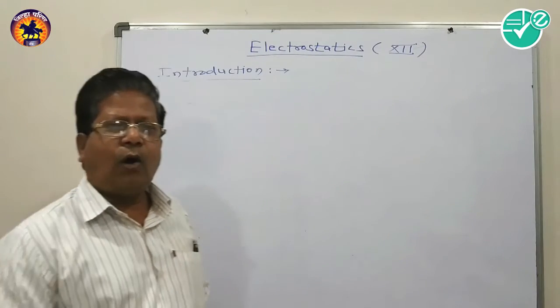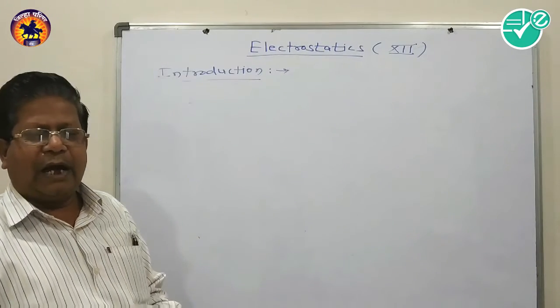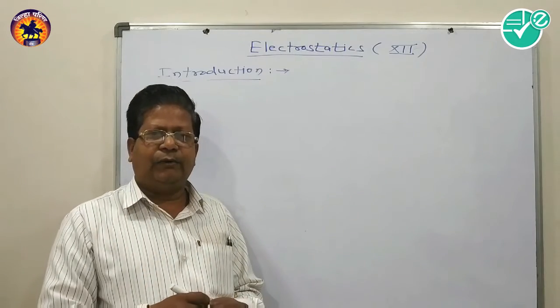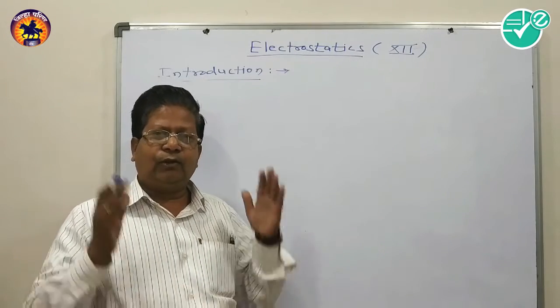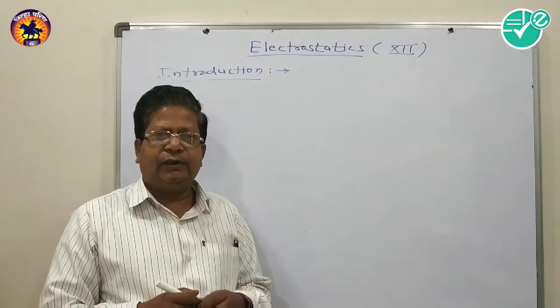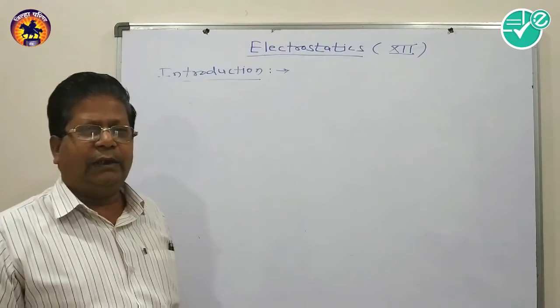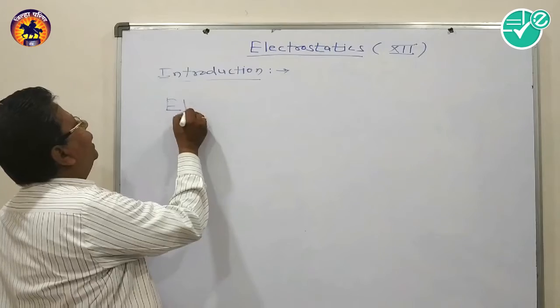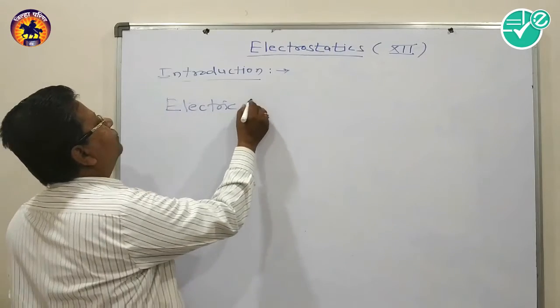If a charge is situated in a medium, then it produces an electric field surrounding it, and the strength of this electric field is determined by a vector quantity called electric intensity.